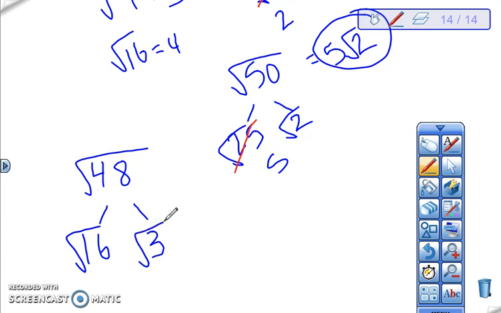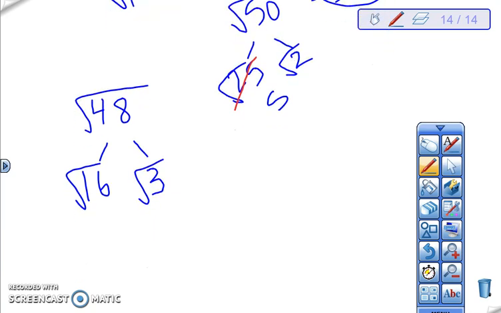Square root both of my numbers. Again, it will simplify as long as at least one of these has a square root. There we go.